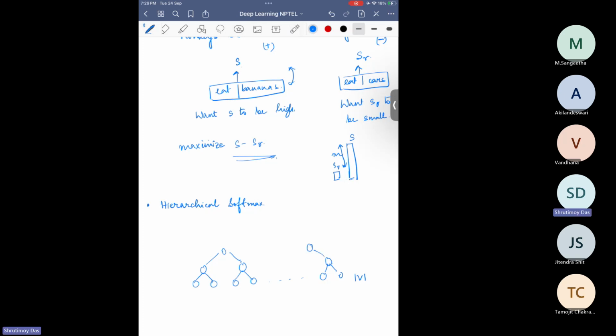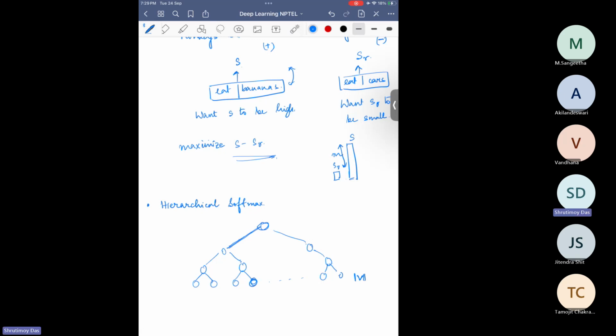So it will have some root node here. Since there are V number of words, can anyone say what is the length of the path from the root node to say this node?